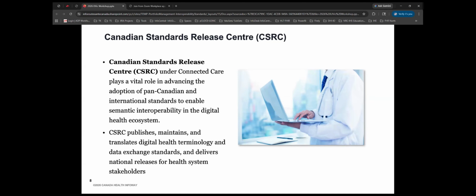We publish, maintain, and translate health terminology and data exchange standards, and we deliver national releases so everyone across Canada is aligned on the same approved standards. So this is really about shared understanding, because in healthcare, that's very important because that can affect real people.